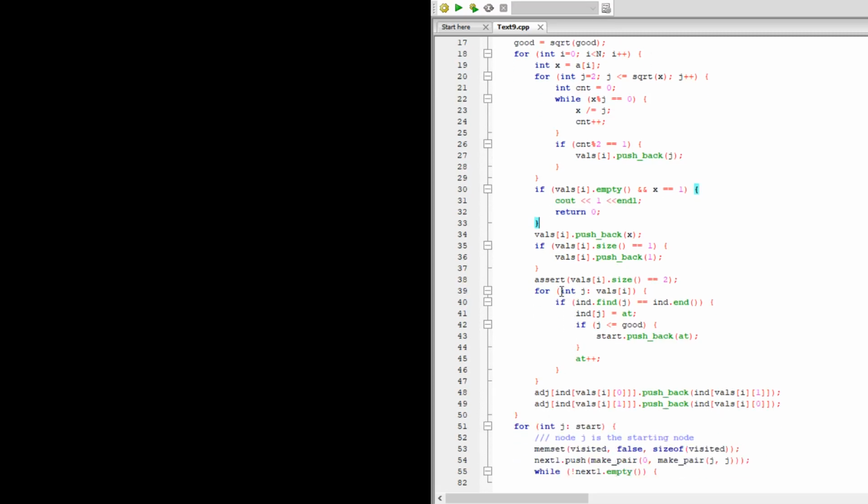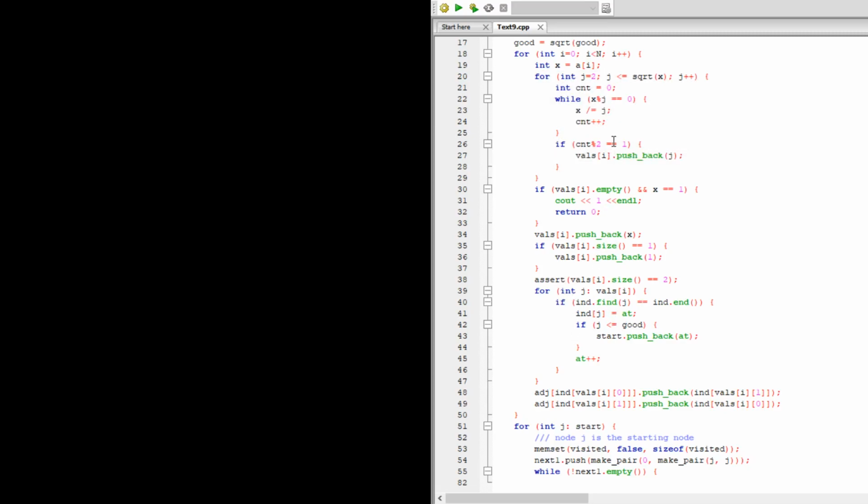If it's not the case, then we don't have a perfect square. So we add x to one of the factors. Let's just say we have the value 2, right? This is something that would happen, or if we have a prime value remaining, then x would not be 1. And it has to be prime, because if it was divisible, then we would have gotten another value in here. It wouldn't have ended that loop.